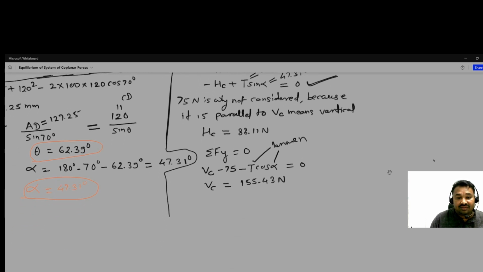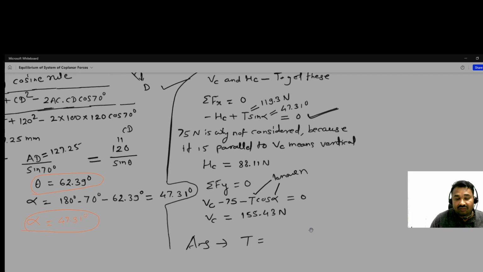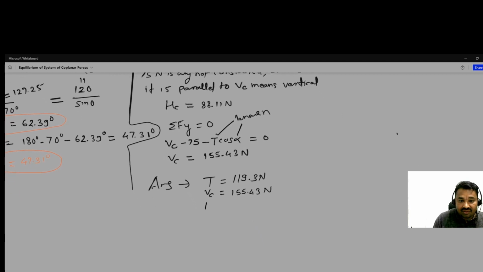So summarizing the answers here, T is equal to 119.3 Newton, and VC is equal to 155.43 Newton, and HC is equal to 88.11 Newton.